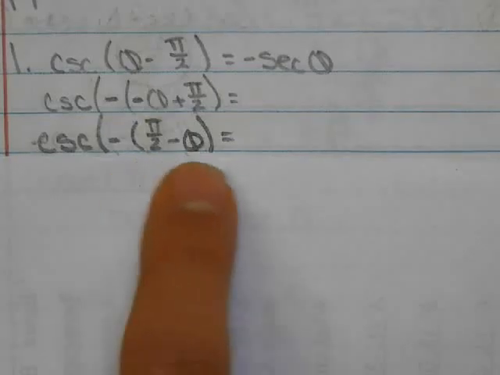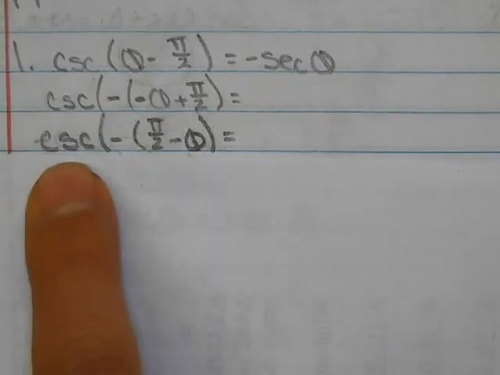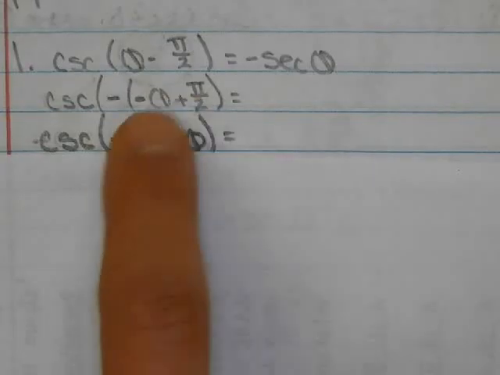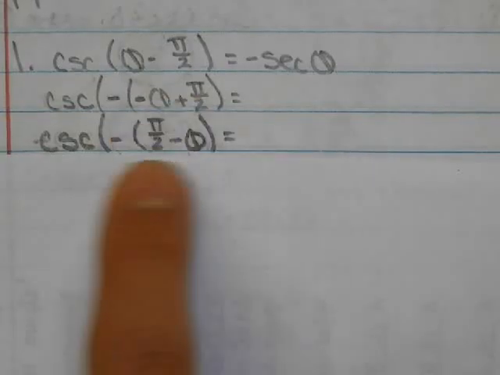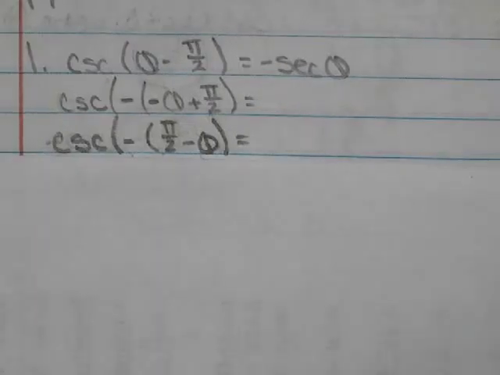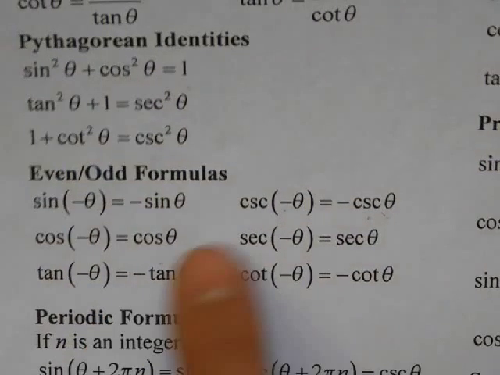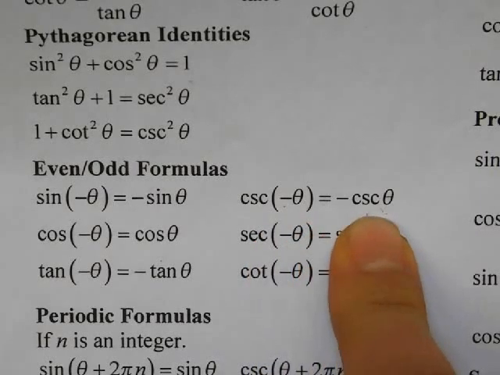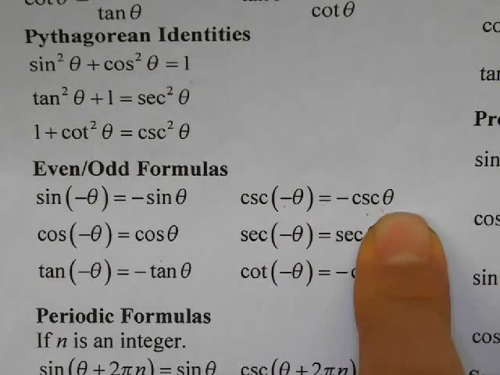So this pi over 2 minus theta is just an angle, so we can just rewrite it as theta if we wanted to. If I did that, I would have cosecant of a negative theta. If this whole thing, remember, is just another angle, so it's a theta, so cosecant of negative theta. Well, now if I go to my even and odd function formulas, the even and odd tells me that if I take the cosecant of a negative angle, that's the same as the negative cosecant of that same angle.